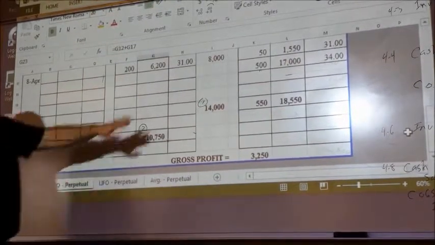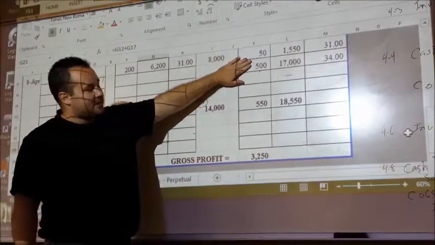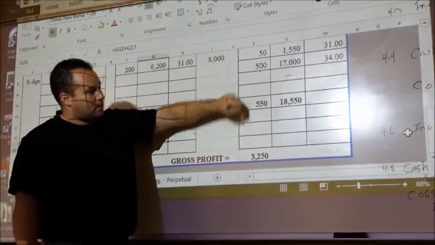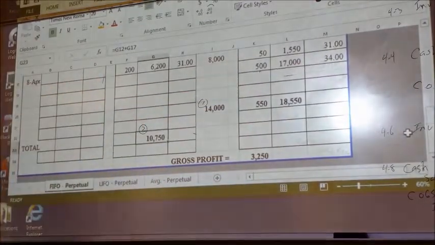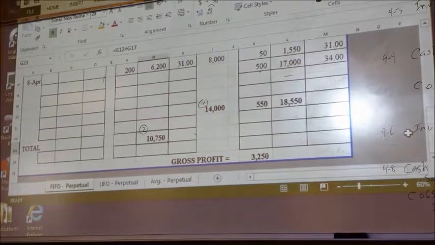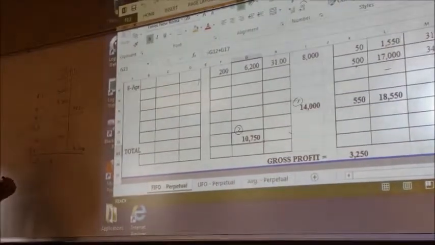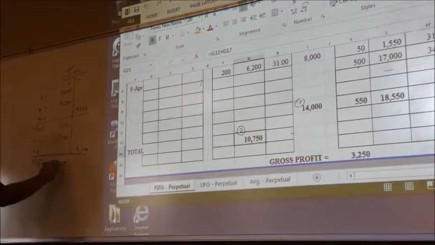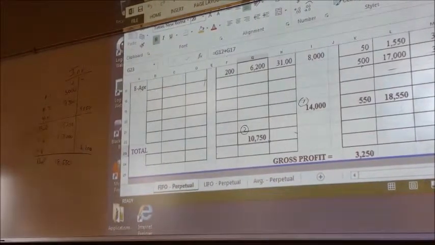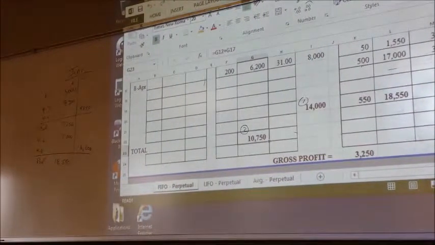I look at my sheet, I've got 550 items left total. And the cost better equal what my inventory sheet shows, my T account and ending inventory sheet.